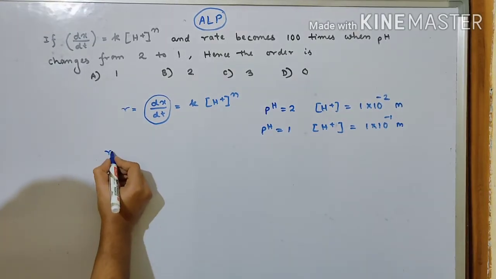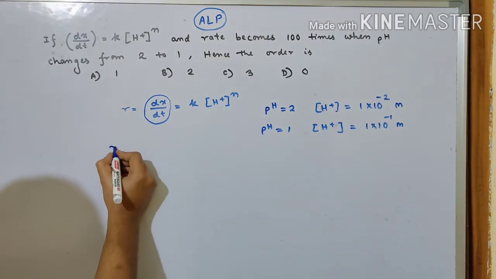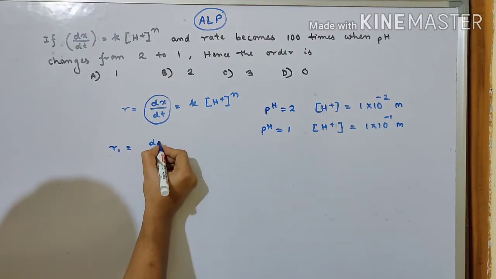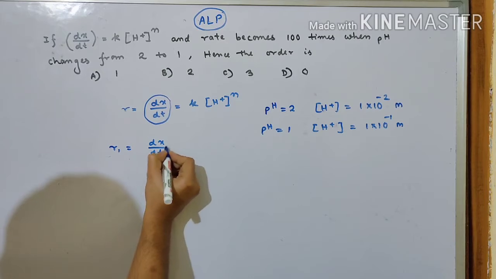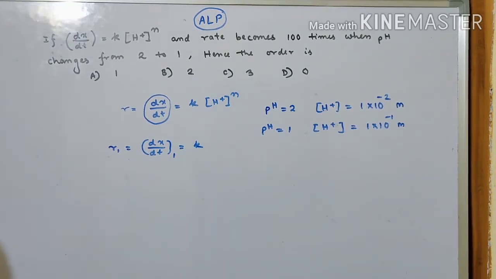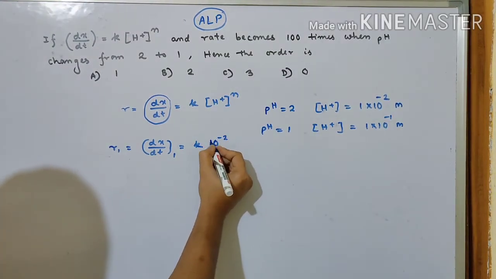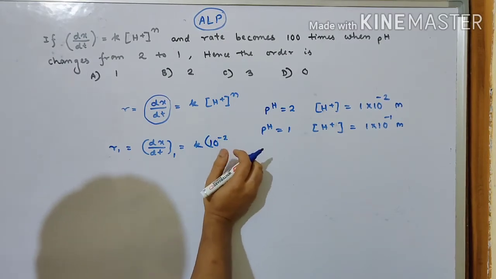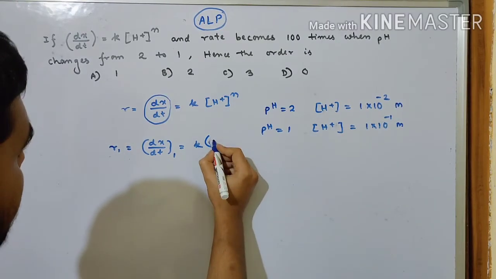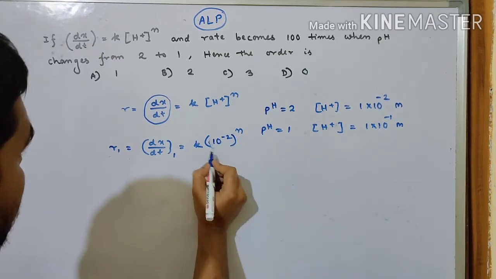So I can write R1 is equal to dx by dt for 1 is equal to k. The k remains same because it is the same reaction. It becomes 10 to the power minus 2 for the first one. You can write 1 into 10 to the power minus 2 also, same thing, it's 10 to the power minus 2 to the power n.